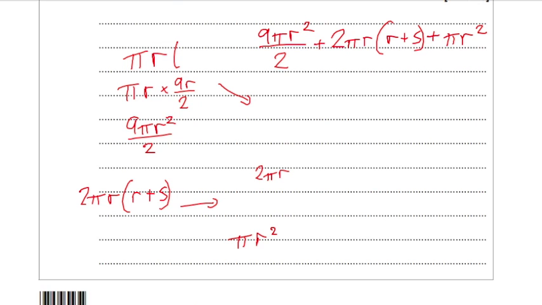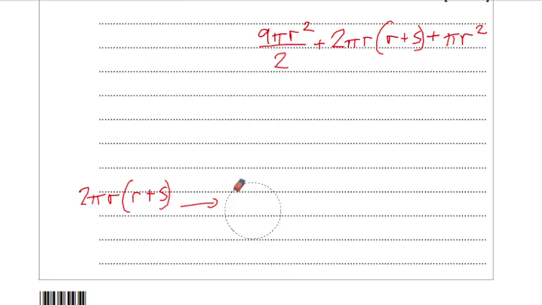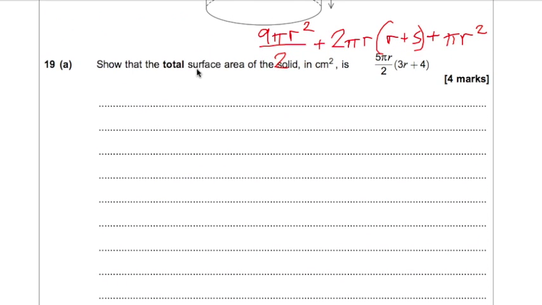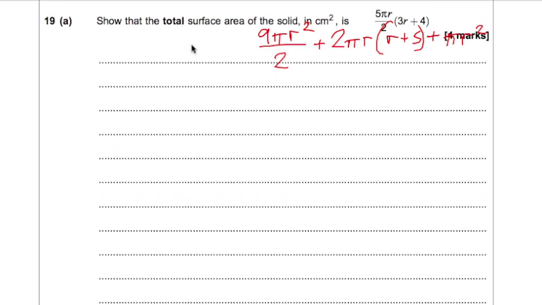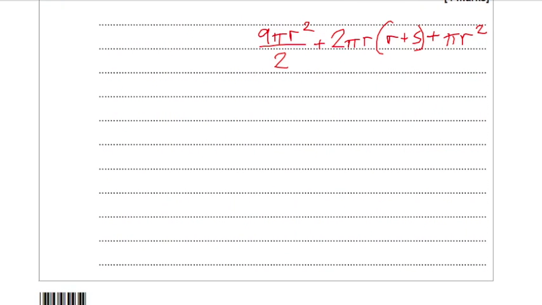Let me get rid of all this. So what are we aiming for? We're aiming for 5 pi r over 2, 3r plus 4. I'm going to try and expand some of this out. So we've got 9 pi r squared over 2 plus 2 pi r squared plus 10 pi r plus pi r squared.